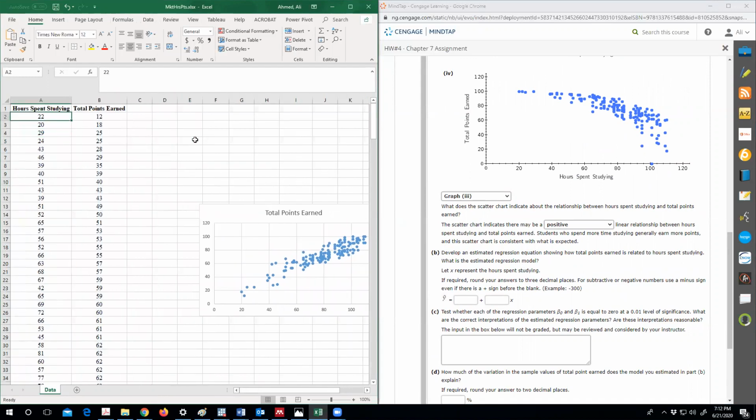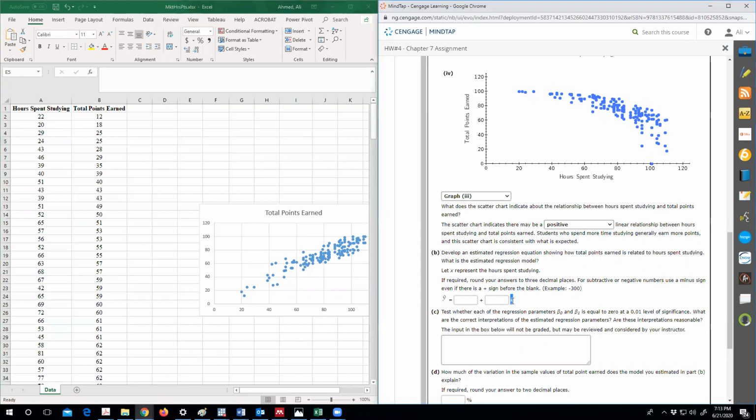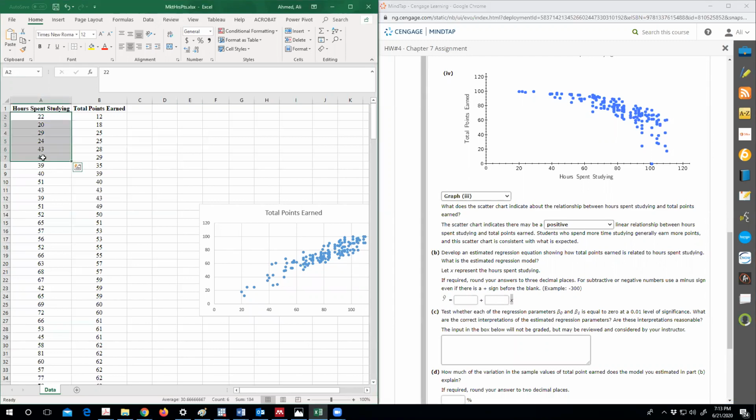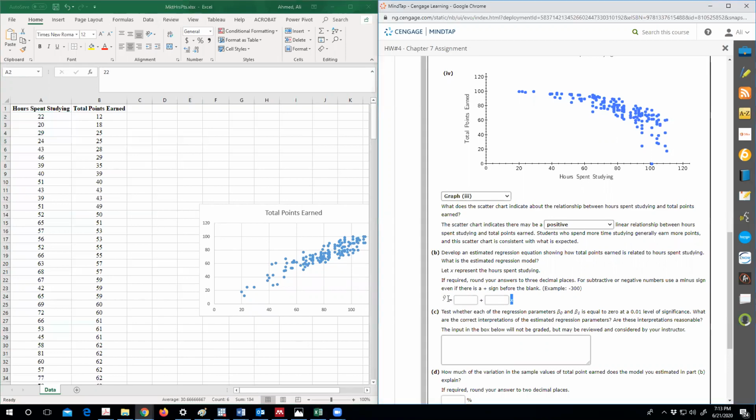The way Excel can do this pretty easily, we can create a regression equation in which we have a y, and we need an intercept, a beta 1, and x. Here, y is the dependent variable, which means the points earned, and x is independent, the hours spent studying. How much a person studies is independent of how many points they earn, but their points depend on how much time they spend.